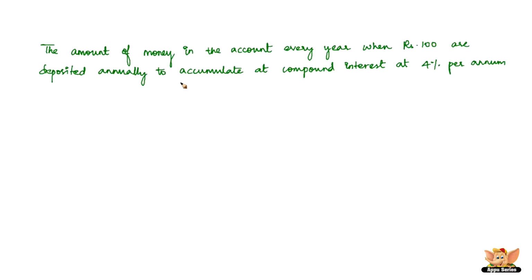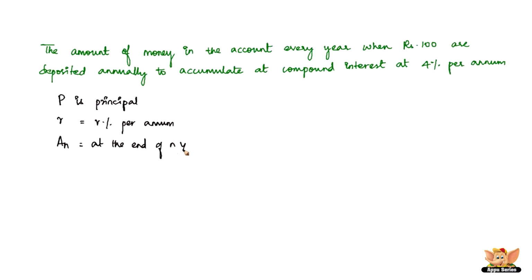We know that if P is the principal and R is the rate of interest per annum, compounded annually, which is important, then the amount An at the end of n years is given by An equals P times 1 plus R divided by 100 to the power n.